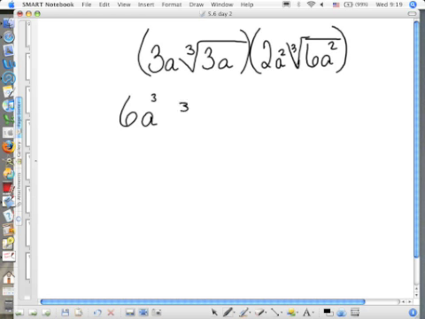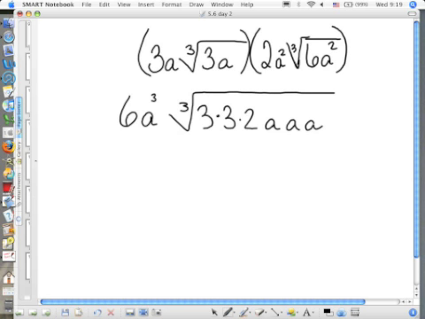Now, under the cube root, let's try to keep our stuff grouped together. I've got 3 times 6. And I have how many a's total?